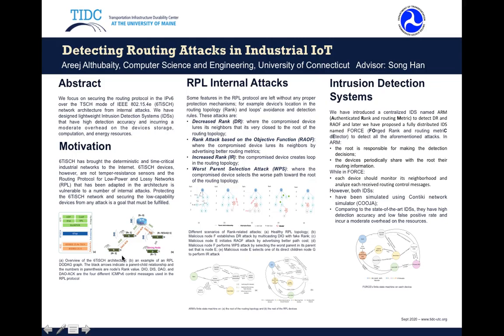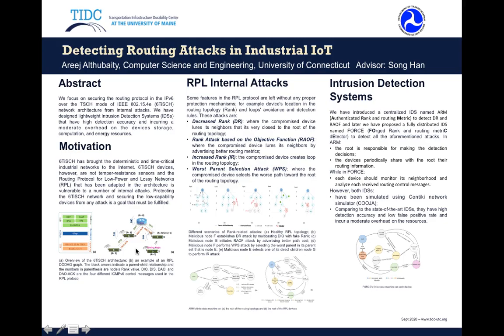Devices in RPL communicate with each other through control messages. The first one, the DODAG information object, or DIO, is where the device shares its routing information. The second control message is the DODAG information solicitation, or DIS, which a new device that wants to join the routing topology has to send to let its neighbors know that it needs the up-to-date DIO.